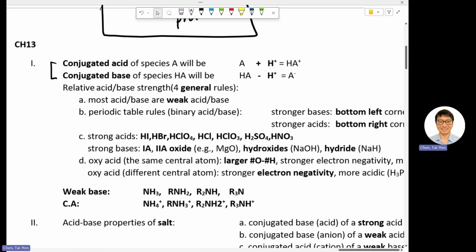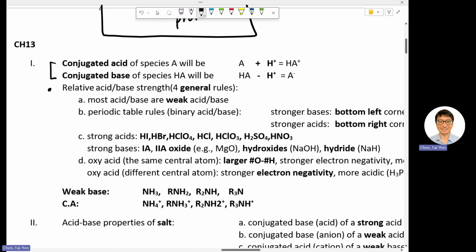So that is the first big important concept you will need to know. The next thing we need for this chapter is that if I give you a chemical formula, you predict whether it is a strong acid, strong base, weak acid, or weak base.